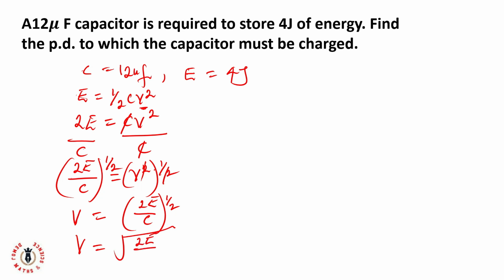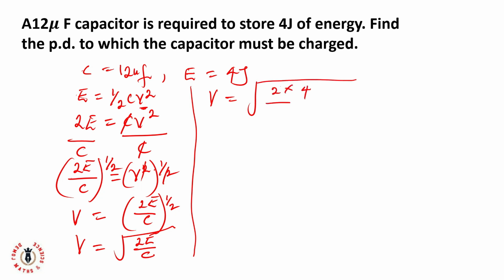2E over C. Now my E is 4 joules and my C is 12 microfarad. So that my V is the same thing as the square root of 2 times E, that's times 4 joules, over 12 times 10 raised to power minus 6. 2 here is 1, 2 in 12 is 6, 2 here is 2, 2 in 6 is 3.